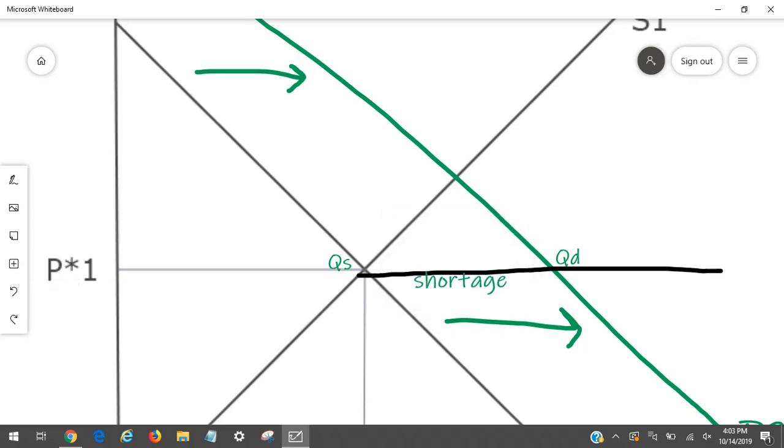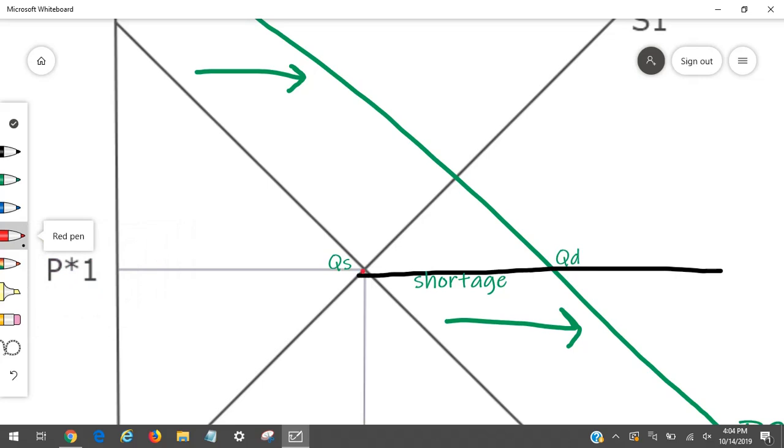Okay, and the general way a shortage is resolved is that the price of the good goes up. So surpluses put pressure on the price to decrease, shortages put pressure on the price to increase. Okay, and as price increases, it moves you upward along your demand and supply curves.